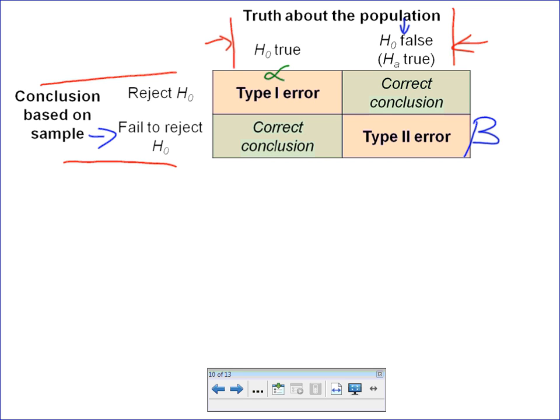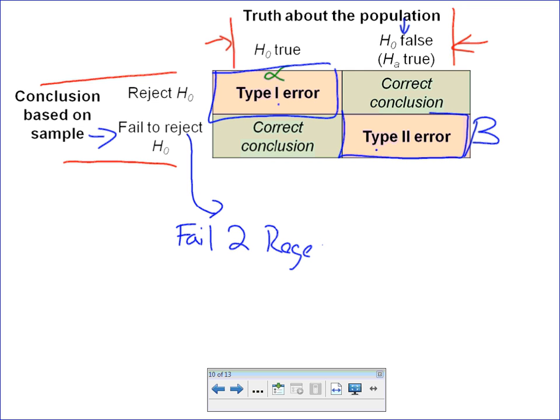Because really, we do not want either of these to happen, and it's a question of how we balance those two. As far as how to remember type 1 and type 2, right here our mistake was that we fail to reject, which leads to a type 2 error.